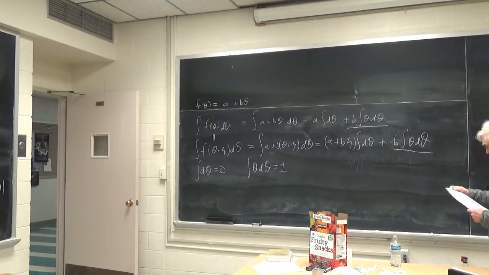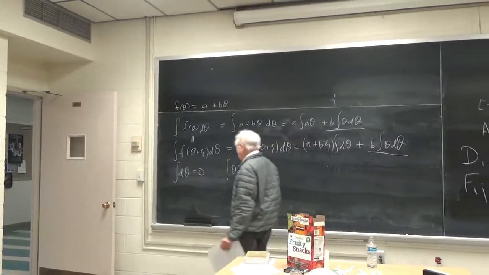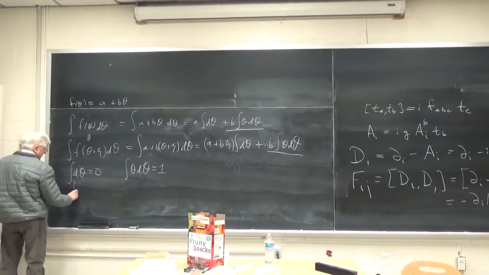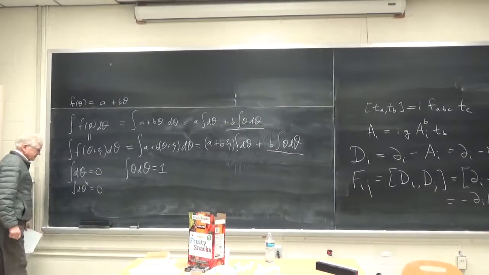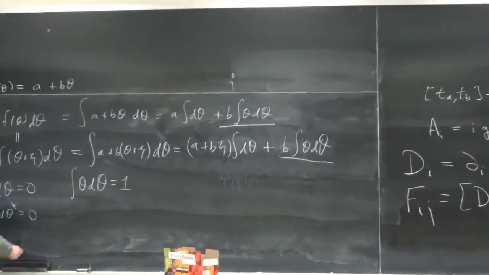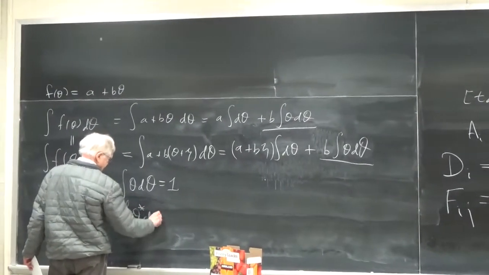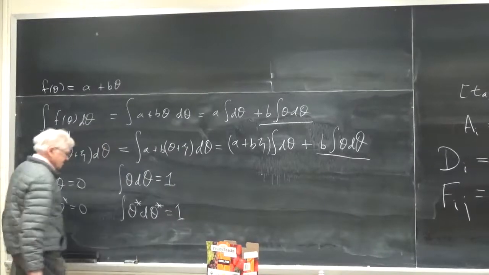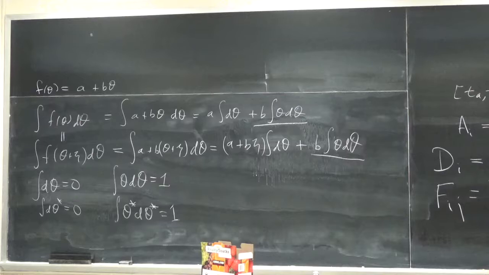The next thing you normally do is you say, well, since we're dealing with things that are complex, let's bring in another variable which we'll call theta star. And so we'll have the integral of theta star d theta star, and we'll also set that equal to 1.